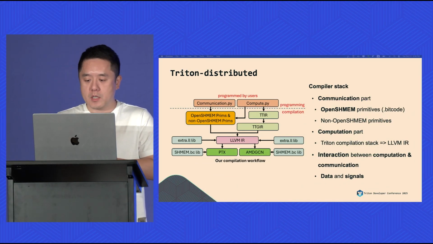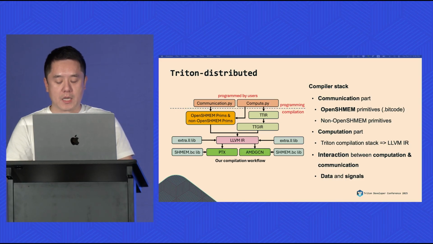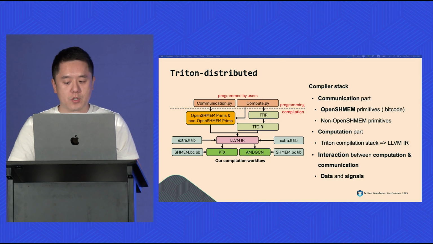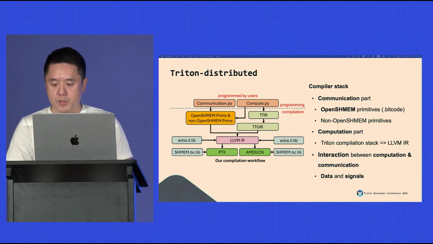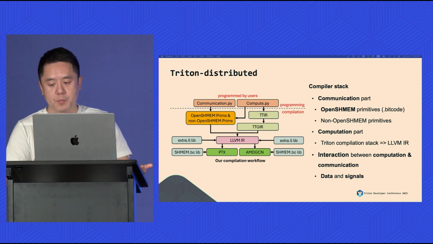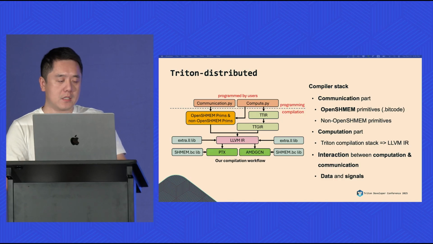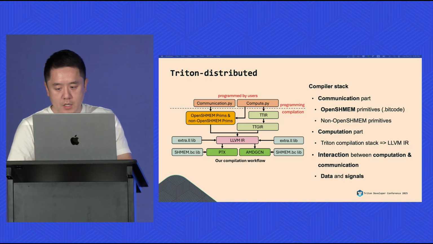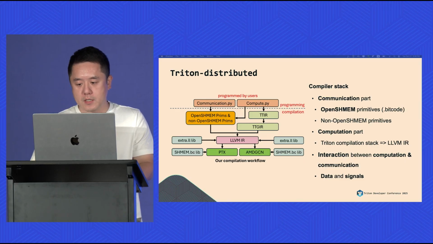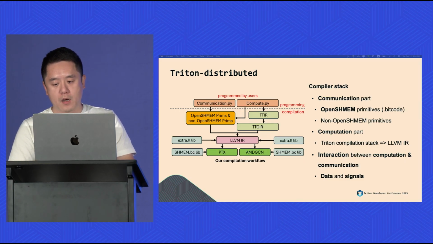Here we can see the overall compiler stack for Triton Distributed, shown in the figure. Users can program computation and communication parts in Python. The communication part, implemented with OpenSHMEM primitives, will be further lowered into LLVM IR together with a bitcode library. The computation part will go through the original Triton stack to lower to LLVM IR.